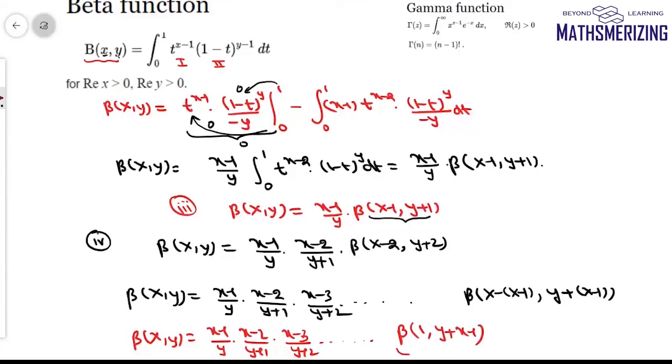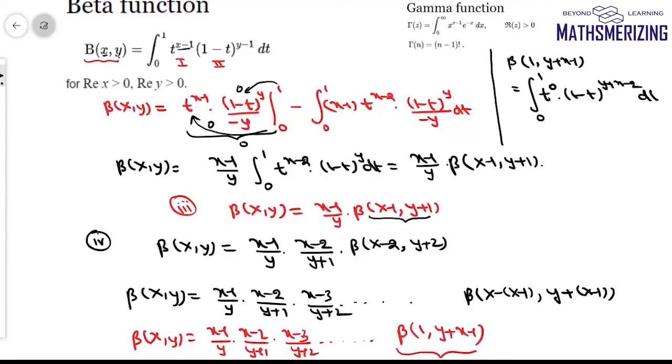Now we'll simplify this beta function. This beta 1, y plus x minus 1 will be equal to the integral from 0 to 1, and here the value of x is 1, so it will be t to the power 0, then 1 minus t to the power y plus x minus 2 into dt.